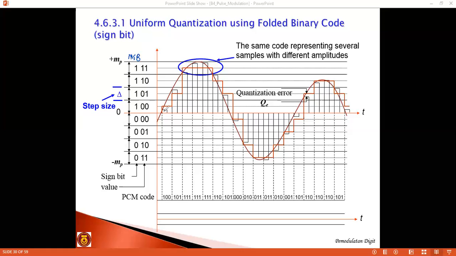The pulses with black font are our sampled voltage. The difference is the quantization error. So the first sample will be converted to 100, the second one nearest is 101, and the third is 111. So that's how it is converted from quantized voltage to PCM codes.